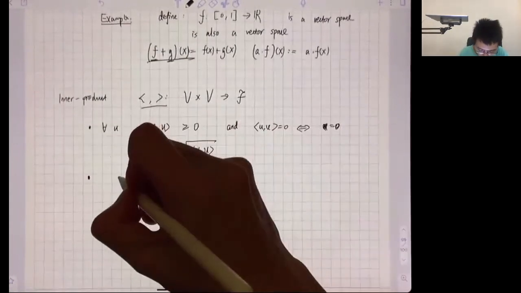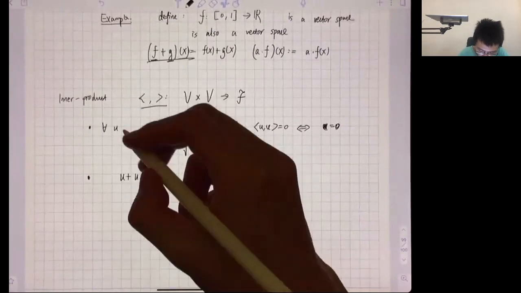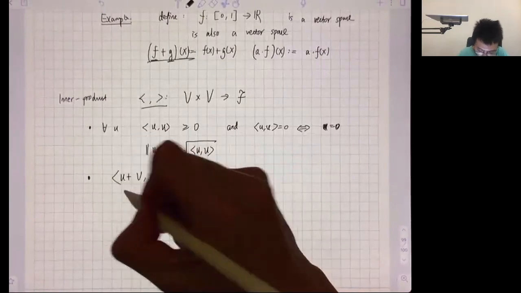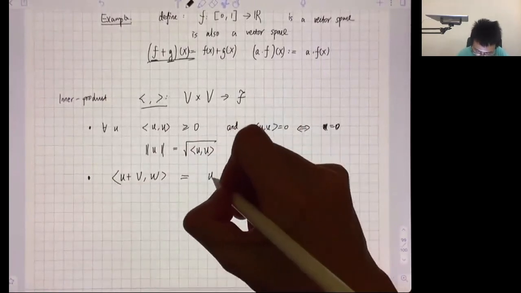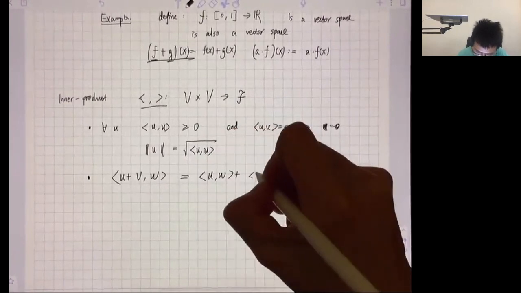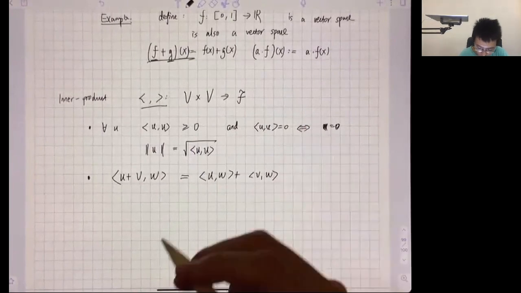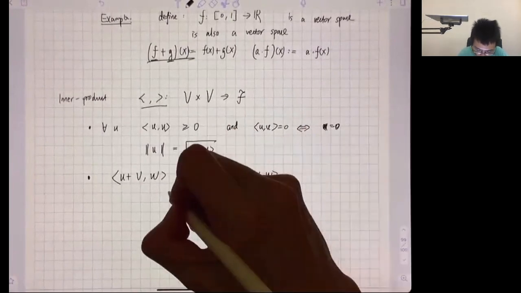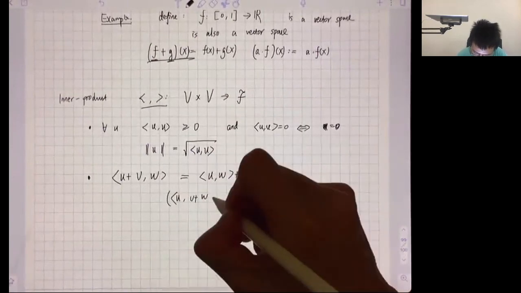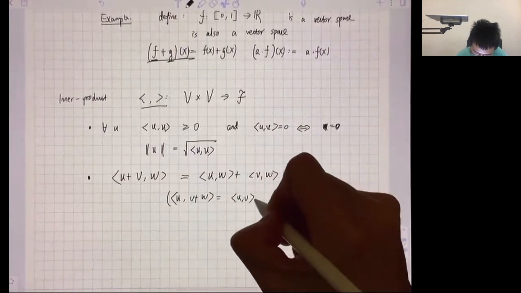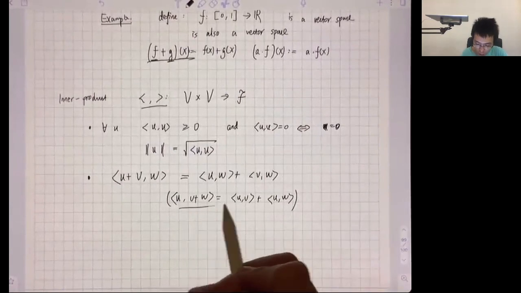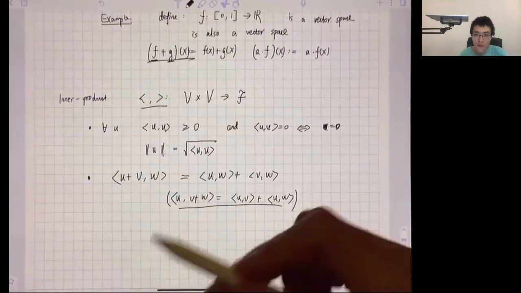The other property is that the inner product of u plus v with w is the same as u with w plus v with w. Okay, it's basically linear. And with some other properties, you can also verify that u with v plus w is the same as u with v plus u with w, okay? But this is not required in the axioms because this can be derived from other axioms.